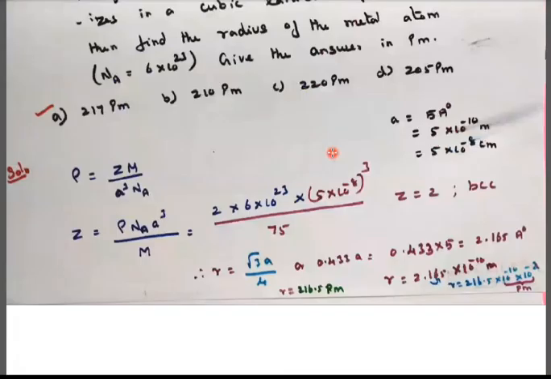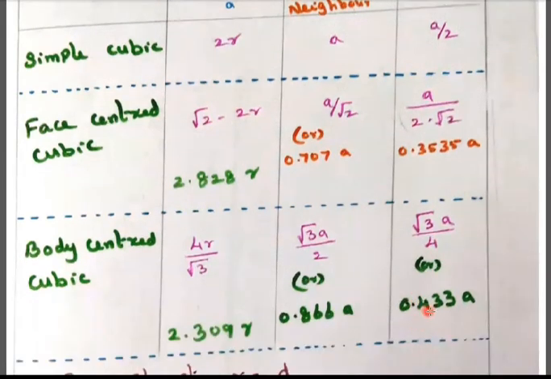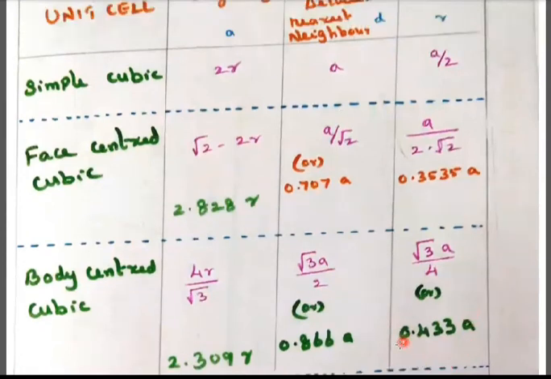So substituting in the question, they have asked Z is equal to 2 for a BCC. For BCC, they ask you to find the radius. So root 3 a by 4, or we can substitute 0.433 a. The a value, the edge length, we know, and multiply by 0.433.